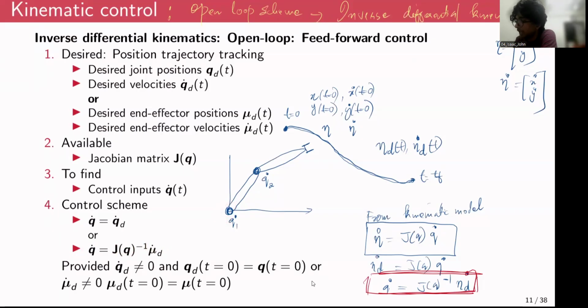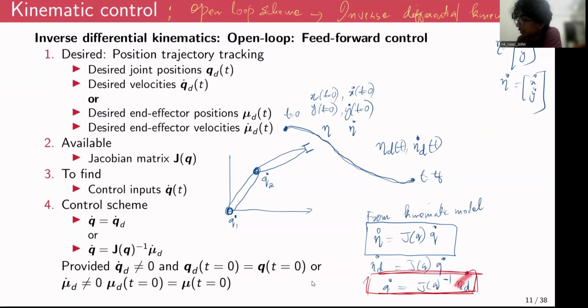So, and there are some conditions for which the control input would work, right? So if you look at this control equation, q dot as J of q inverse eta desired dot, this control scheme would only work if eta desired dot is not 0, right?